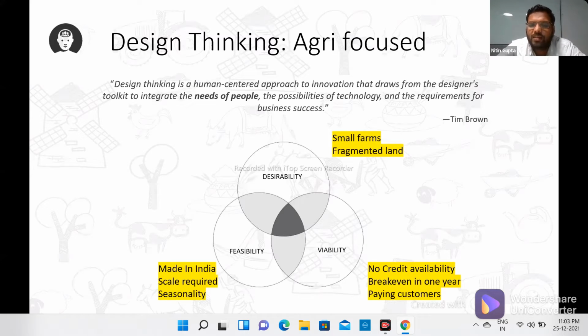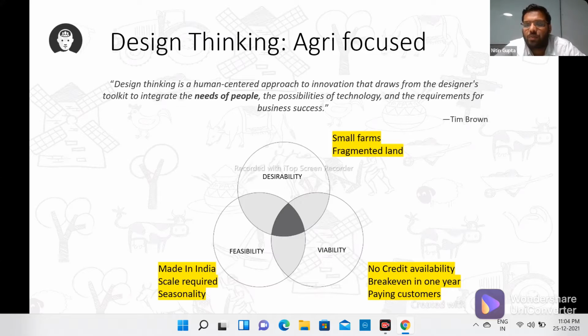If we start designing a product, on the user side, people want something with low unit economics, with less cost and less operational cost, because there are small farms. And not only small farms, we have another problem: fragmented land. Even if you have one hectare, that one hectare is split into two different fields.